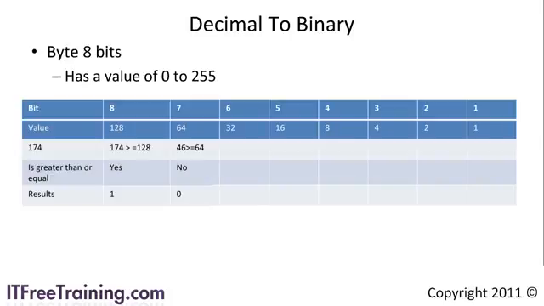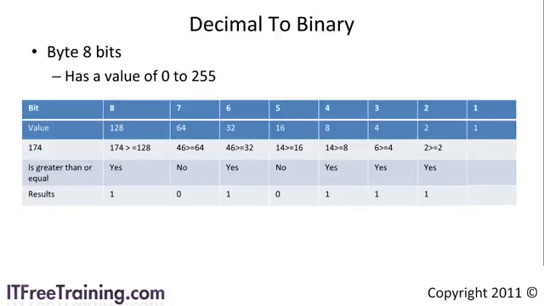I now move 46 to the next column and compare it with its value of 32. 46 is greater than 32, so I place a 1 in this column and subtract 32 from 46 to give me 14. I keep following the same procedure throughout the table. You will notice that when I get to the second to last column, the value 2 is equal to the column value, and thus the result is still a 1.